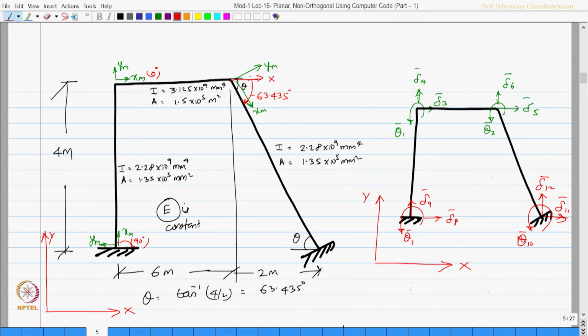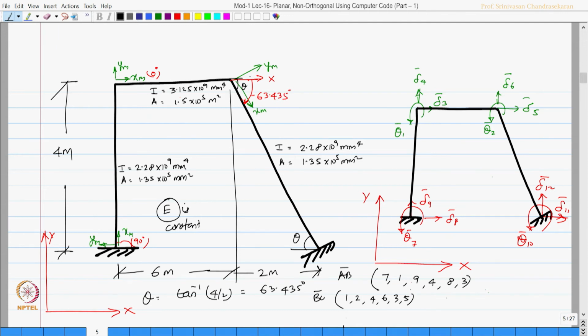Let us see what are the labels for member AB. For member AB, the global labels are 7, 1, 9, 4, 8, 3. Similarly, for the member BC, the labels are 1, 2, 4, 6 and 3, 5.